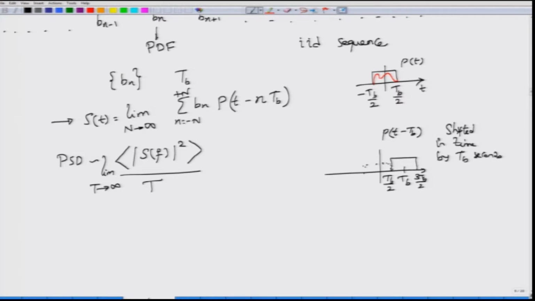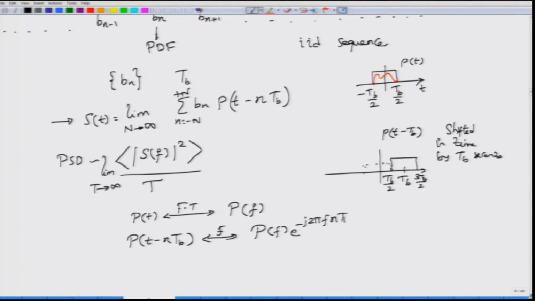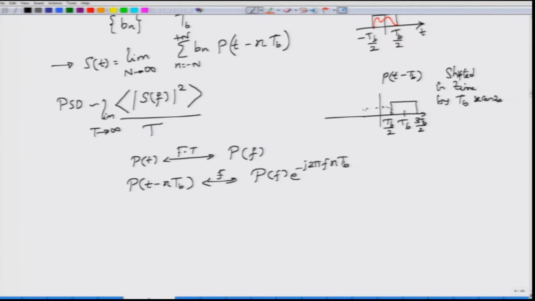Here, if P(t) is the basic pulse shape, from Fourier transform theory we know that P(t) has a Fourier transform P(f). We also know that the Fourier transform of P(t - nTB) is P(f) multiplied by e to the power minus j 2 pi f nTB, because it is a pulse that is shifted in time, and therefore in frequency it gets multiplied. So, let us substitute these values into the expression and see what we get.